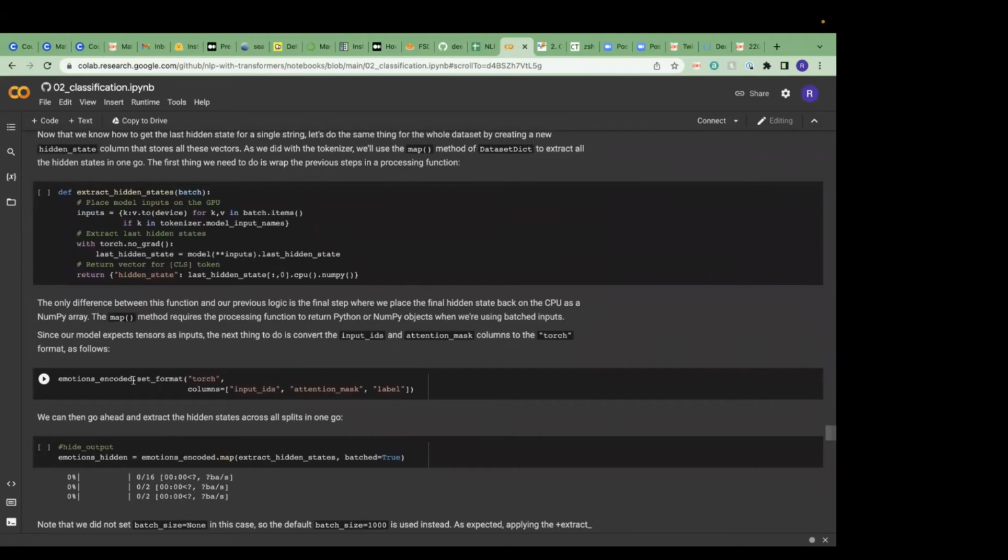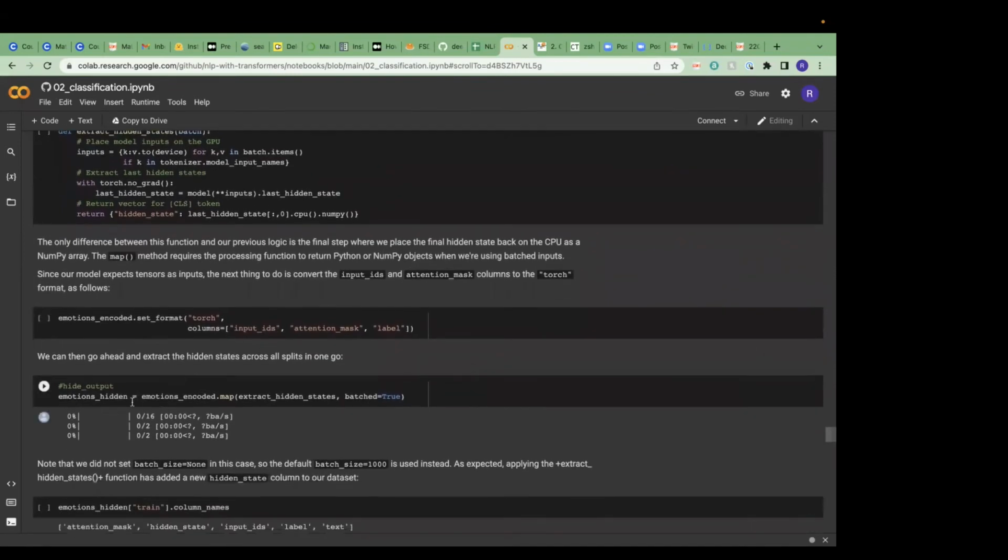Here it's setting the format of the data to Torch tensors. Then it feeds it into the model, making sure there are no gradients flowing through the model, and takes the first column of the last layer of the encoder. This is happening on the GPU when we feed into the model.